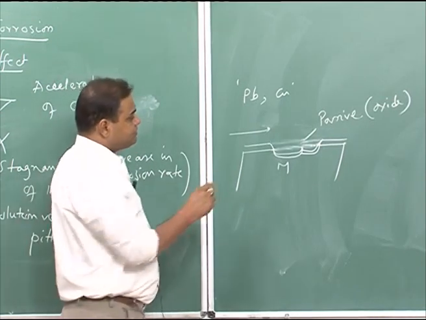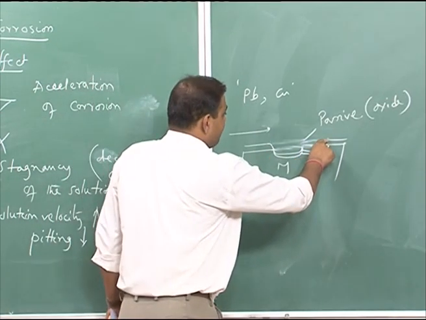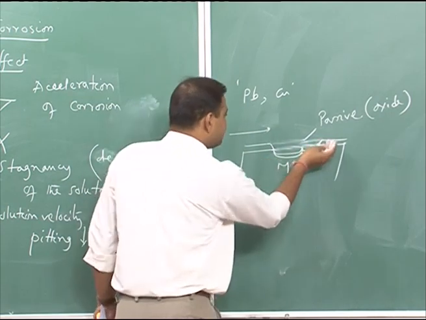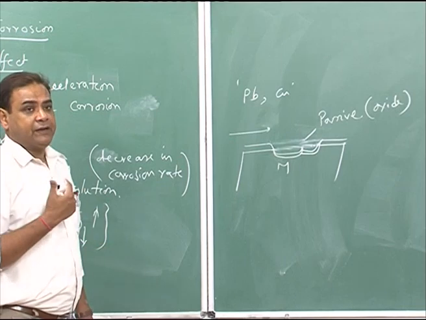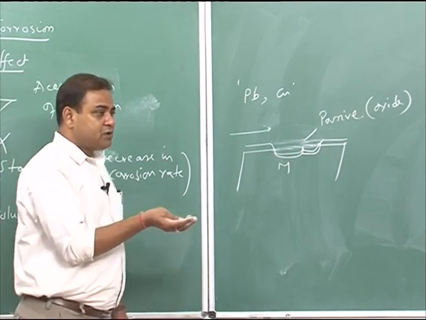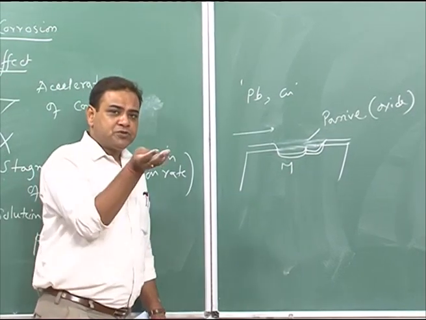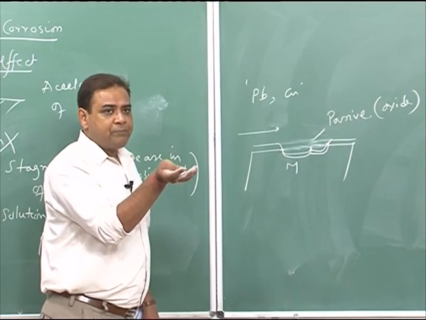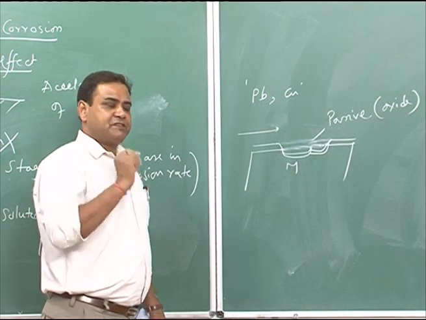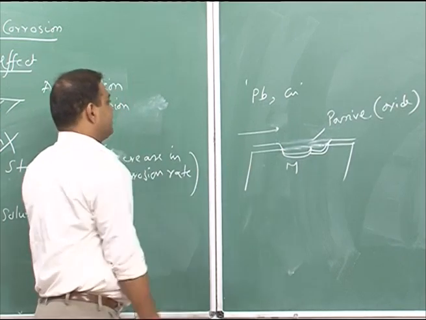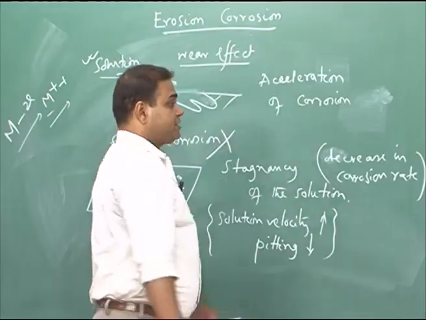But the point is, during that process some other part of the passive layer would get damaged again. So, during that process also the metal surface is exposed to the solution, and a rapid rate of dissolution happens before it repassivates. So, this is another mechanism by which erosion corrosion can happen.